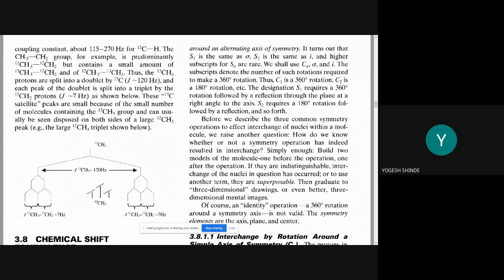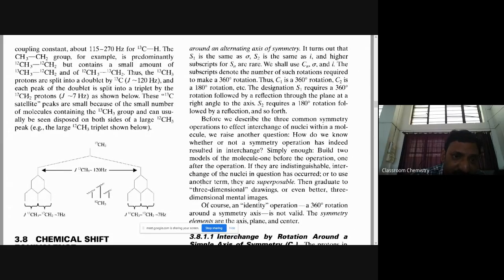But sir, C12 is inactive, no? Yes, C12 is inactive, but what happened in this compound? There is coupling with every nucleus in the molecule.